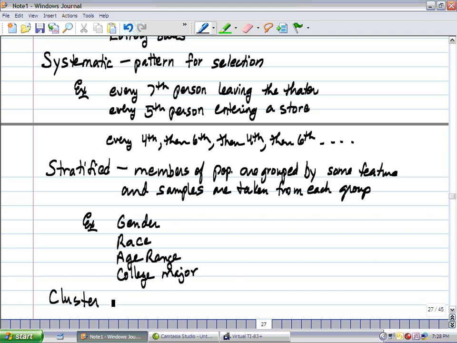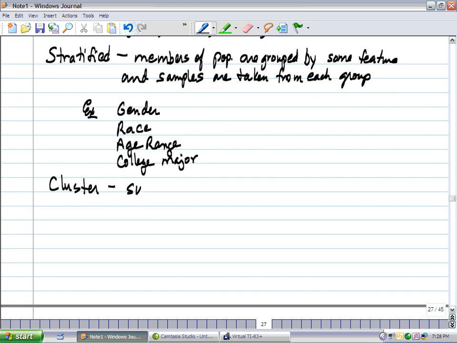Cluster sampling. That's when a subset of the population is selected to represent the population.